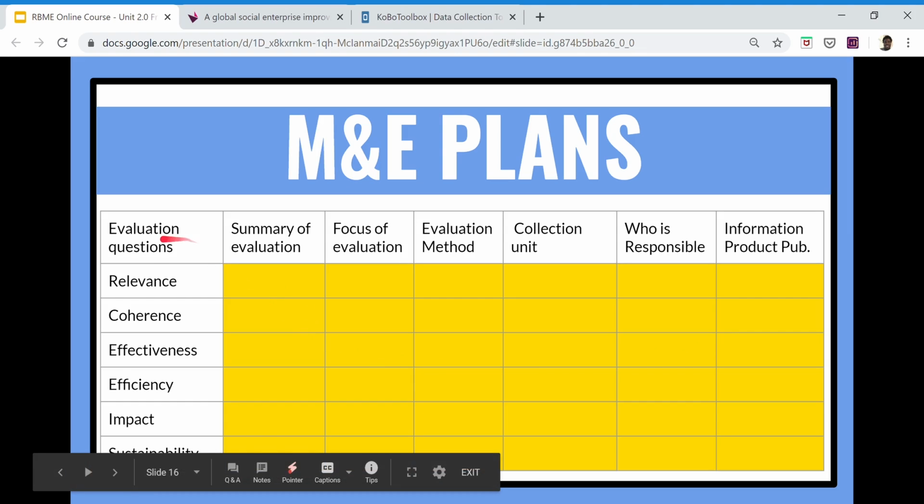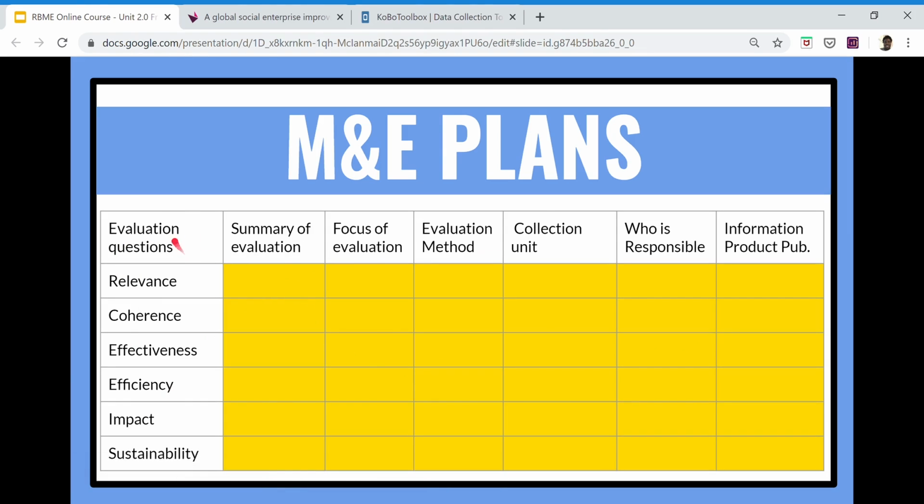Then you have the evaluation plan and you have the monitoring plan. So this is the monitoring plan and this is the evaluation plan. We've already talked much about this in unit 1 of this week, so you can go ahead and complete the template for this week, and hopefully, we can take a look at it.